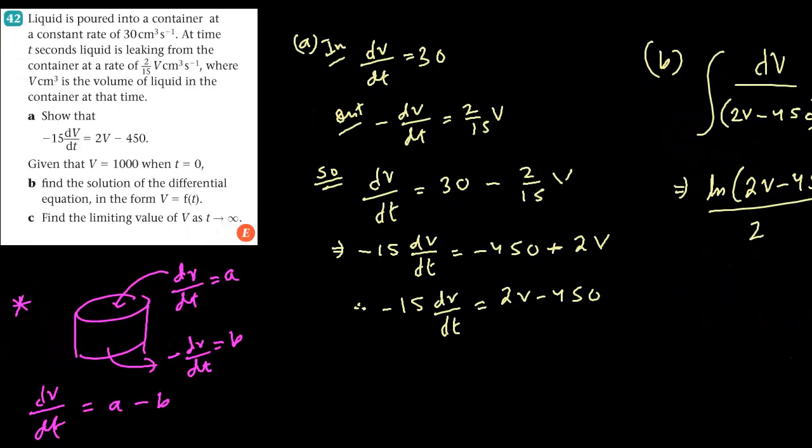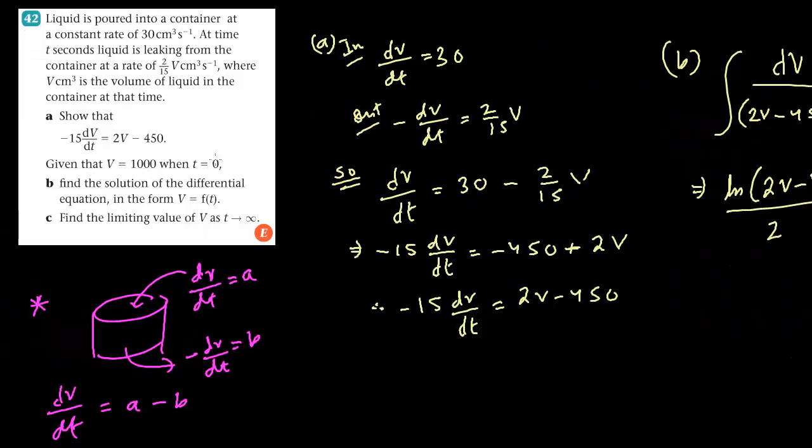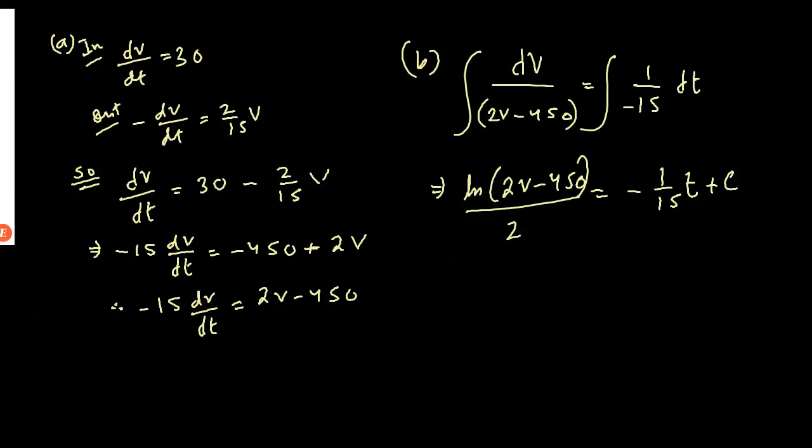But they gave the values v equals 1000 when t equals 0. Usually they can give us a story that initially the amount of water is 1000 cm³ or something, but they just did not give a story, just t equals 0, v equals 1000.